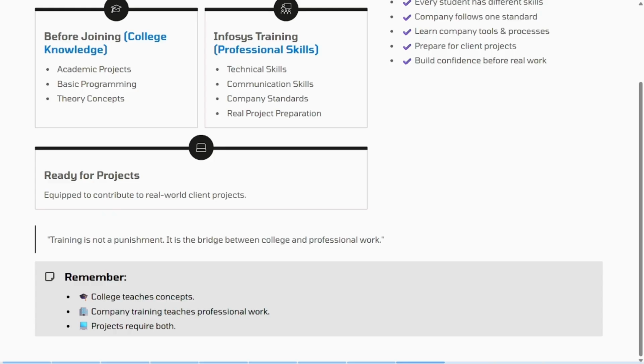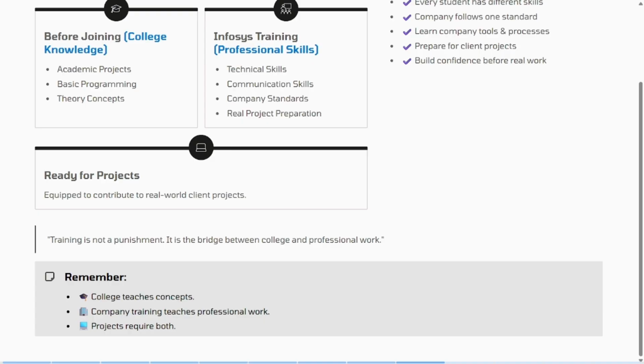The company wants everyone to reach a common standard before working with clients. So don't think training means you are weak or you don't know anything. Don't think like that. It simply means the company is preparing you for real work. My advice is take the training seriously, attend every session, practice regularly, ask questions whenever you don't understand something.